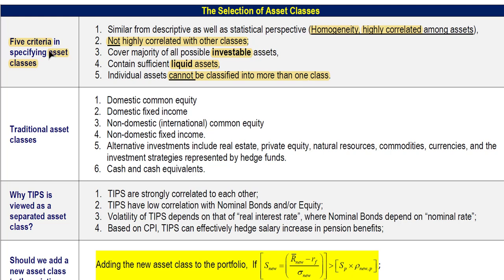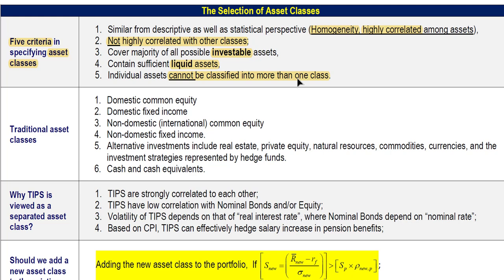So these five criteria we have to remember: homogeneity inside the class of assets, second is low correlation among asset classes, investability of assets, liquid assets, and then mutual exclusivity of assets among classes. These are the five important criteria to determine asset classes.